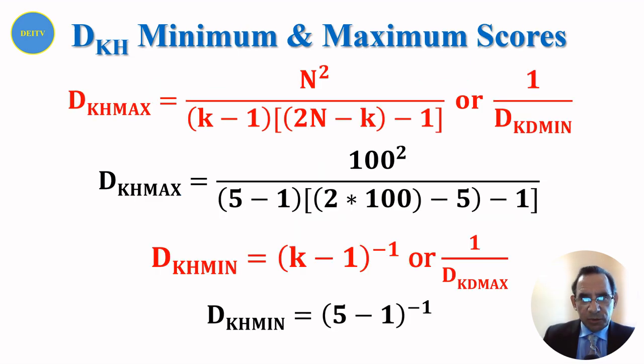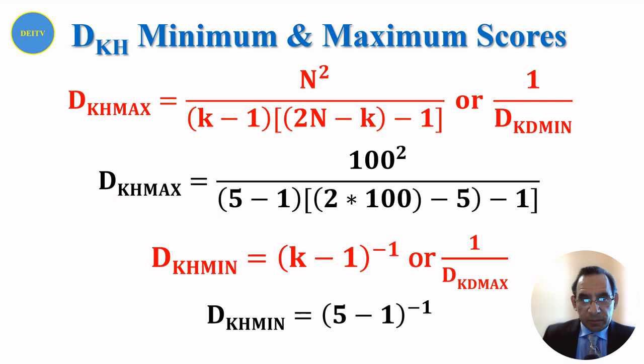Like the Kvalseth diversity index, the Kvalseth homogeneity index has a maximum score and a minimum score. The maximum score is calculated as capital N squared, so that is the total number of individuals squared, divided by k minus 1, which is 5 minus 1, times 2 times the total number of individuals in the organization, minus k, which is 5, minus 1.